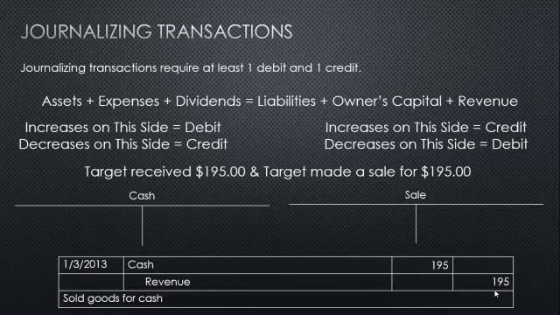Now, journalizing these entries. These T accounts are great and all, but the problem is if we actually had to put all these dang T accounts on a piece of paper, we would have bunches and bunches of paper. So we use something called a general journal, where we journalize all of our transactions. For instance, in this case, we had a debit of cash of $195 and a credit to sales or revenues for $195.